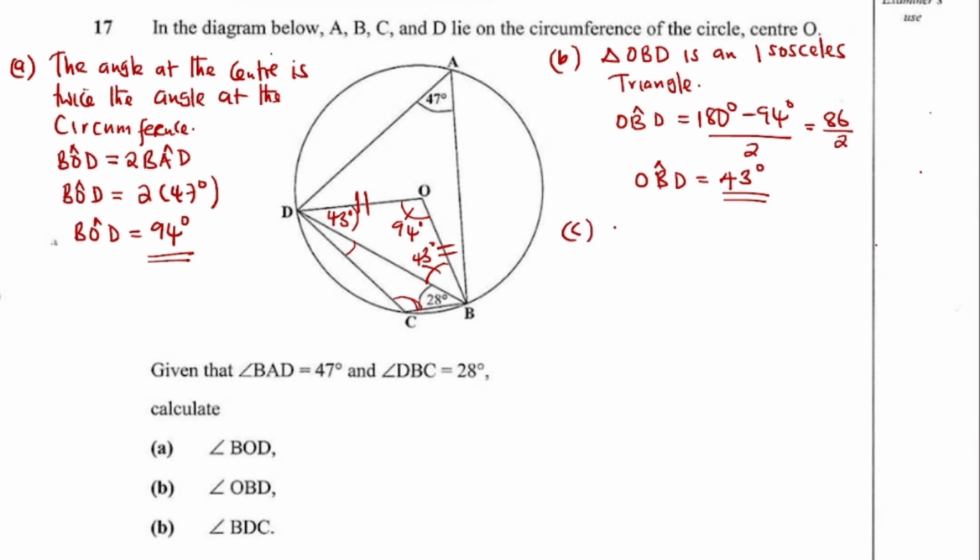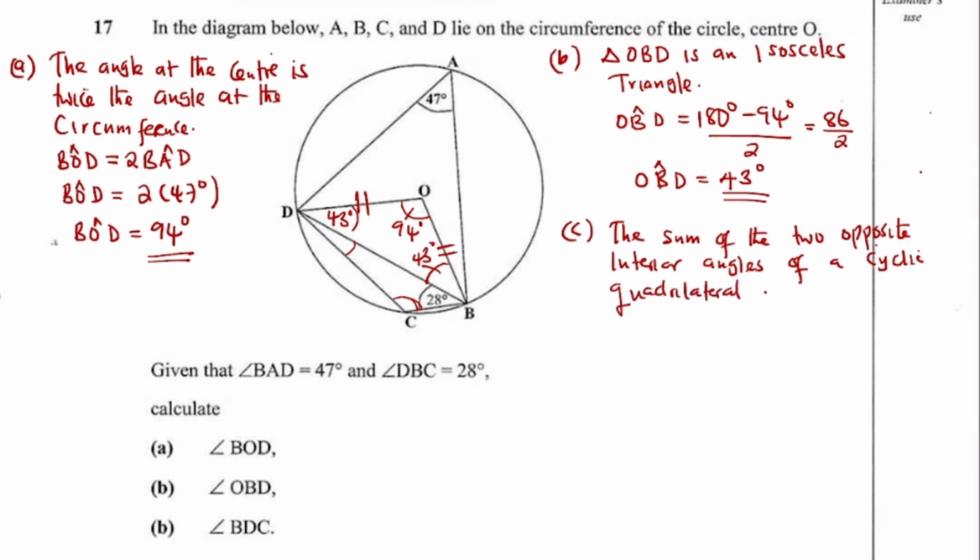There is a property that says the sum of the two opposite interior angles of a cyclic quadrilateral adds up to 180 degrees.